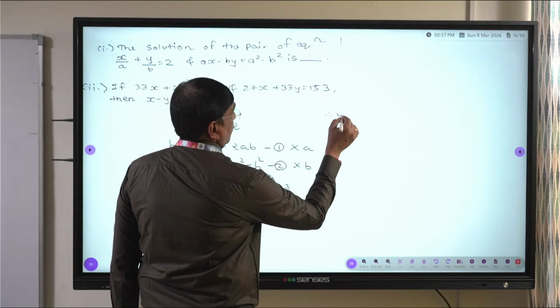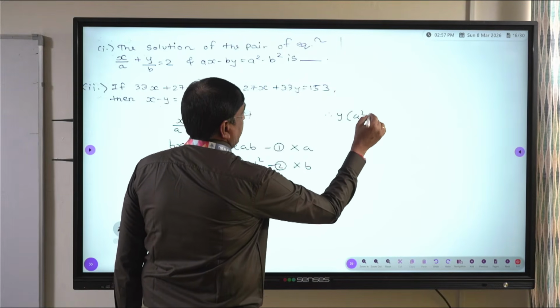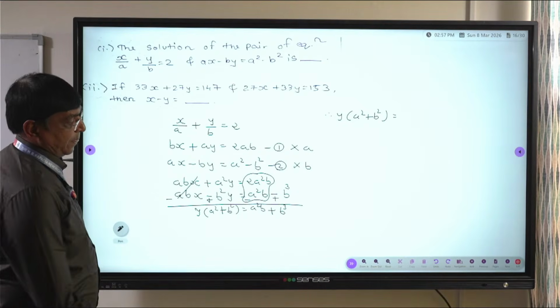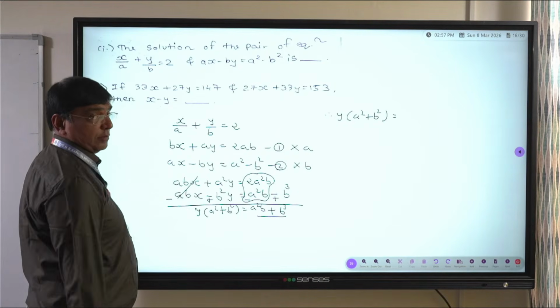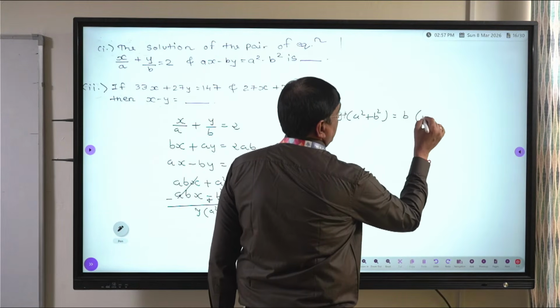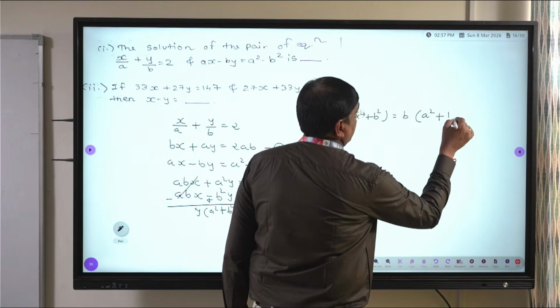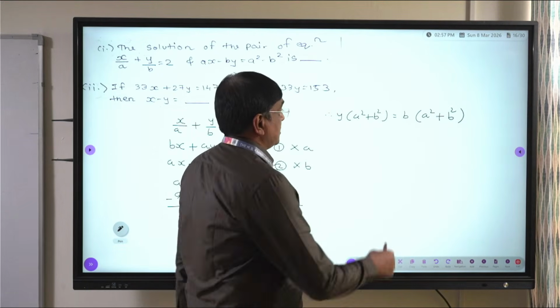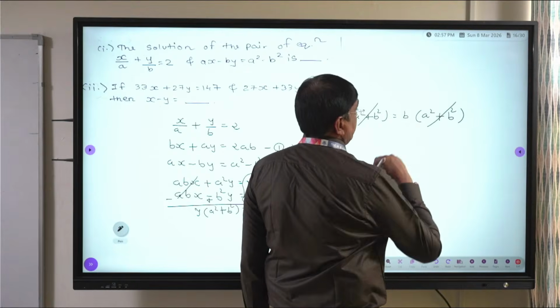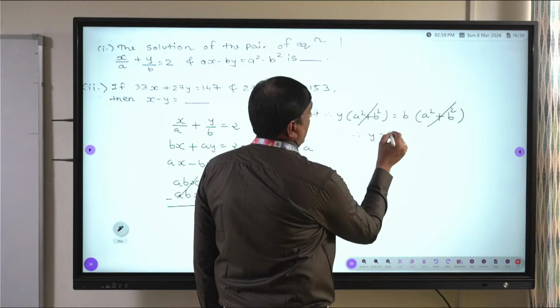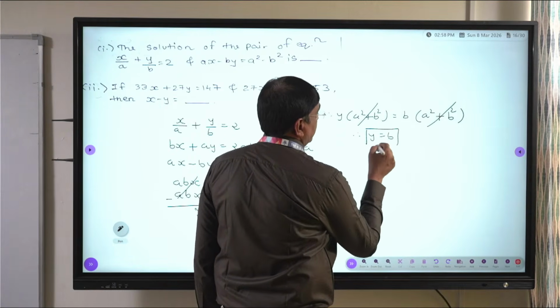Therefore, y times (a square plus b square) equals, from both, b is common. So b common, we get a square plus b square. From both the sides, a square plus b square cancels, and therefore we get y equals b.